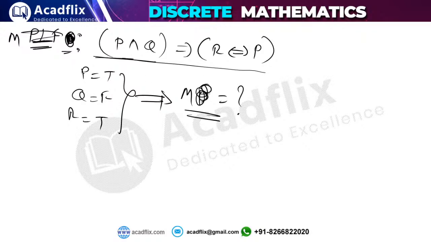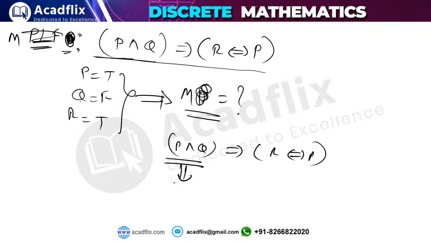First of all, when P is true, Q is false, this P and Q will be false. Sorry, P is true, Q is false, so P and Q will be false.